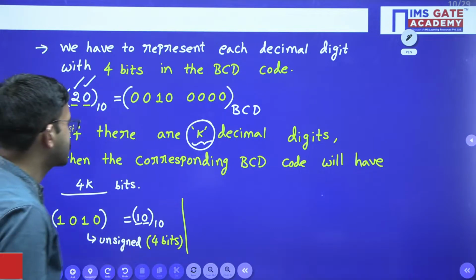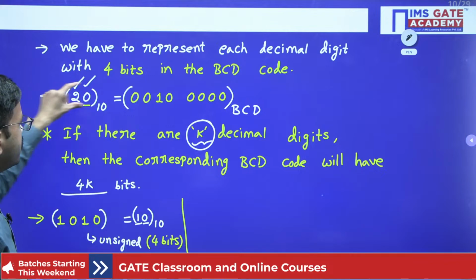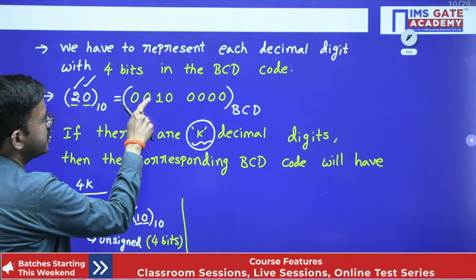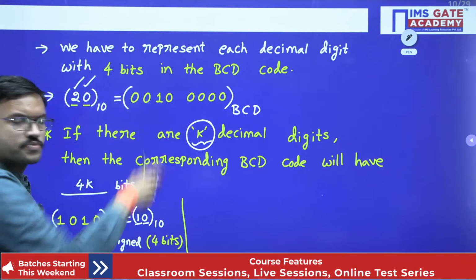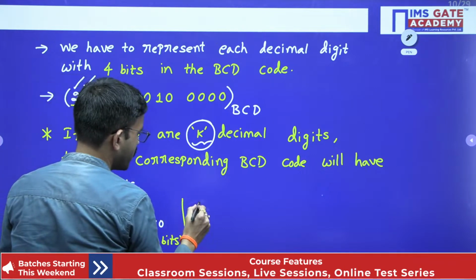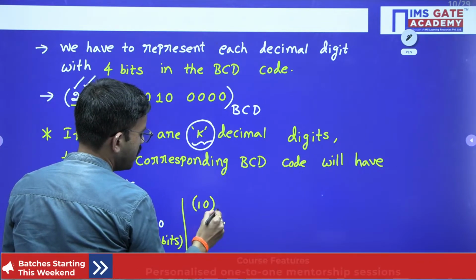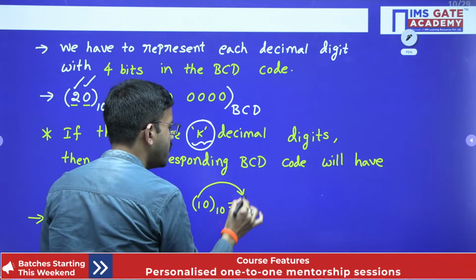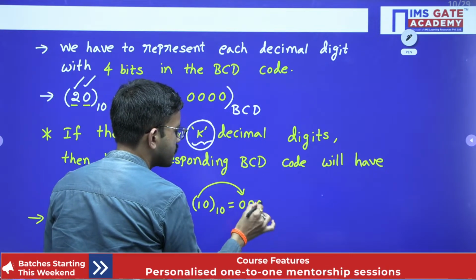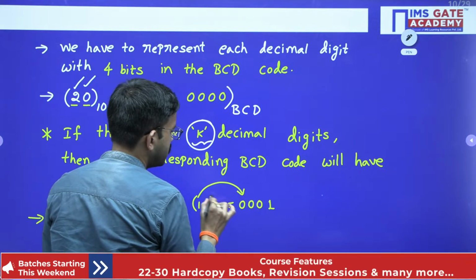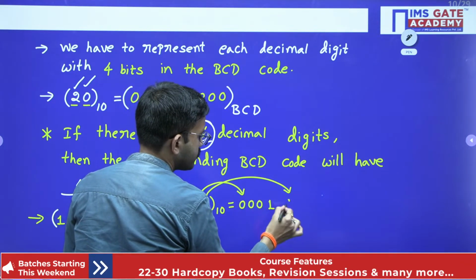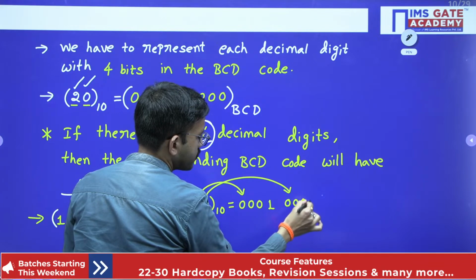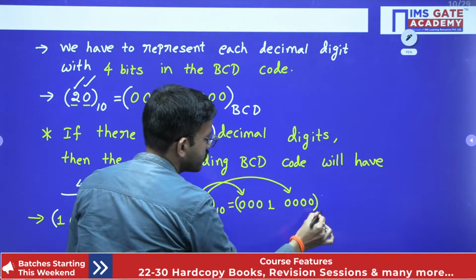Just like the procedure for 20, where I wrote the BCD for 2 and similarly for 0, here also you can write 10 as the decimal number in BCD. 1 is nothing but 0001 and 0 is nothing but 4 zeros. This is the BCD code.